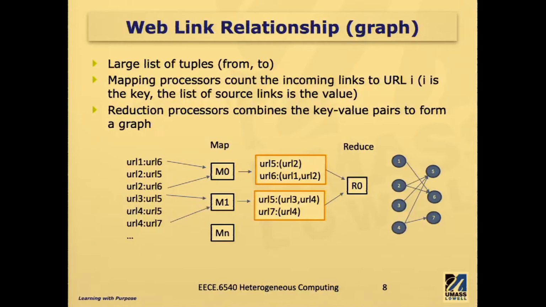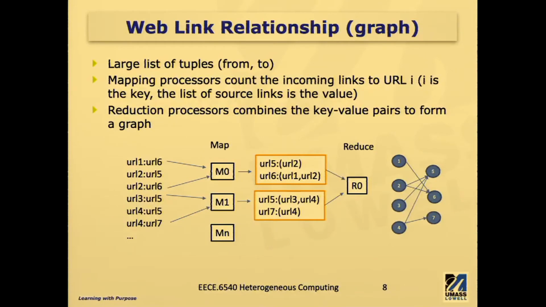Because this number of tuples could be very large, MapReduce can be beneficial in this case because these can be analyzed independently. So what we'll have here is we group them into smaller chunks and assign these smaller chunks to each of these mapping processors. In the mapping processor, what we want to do is build a key value pair.